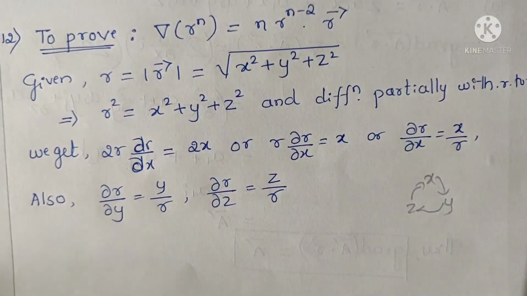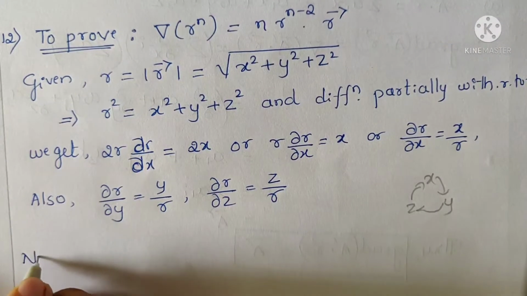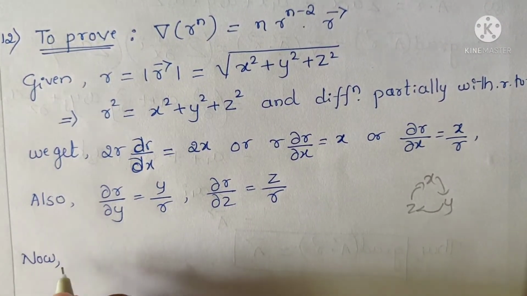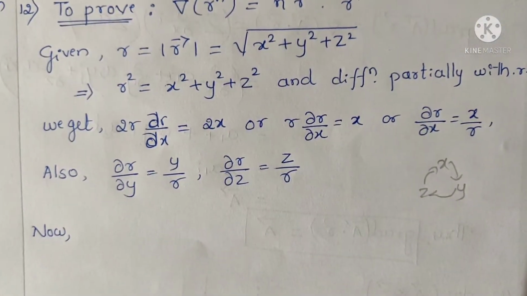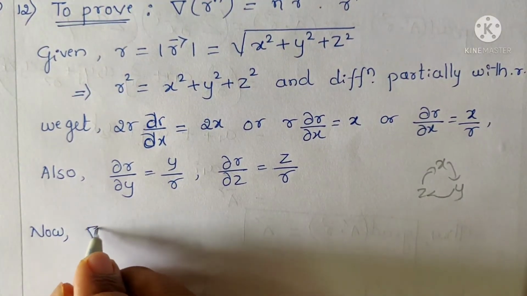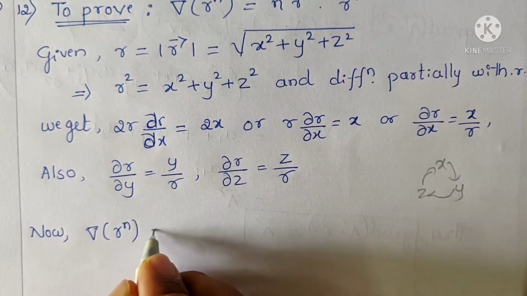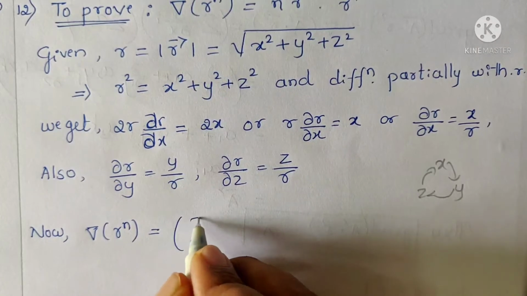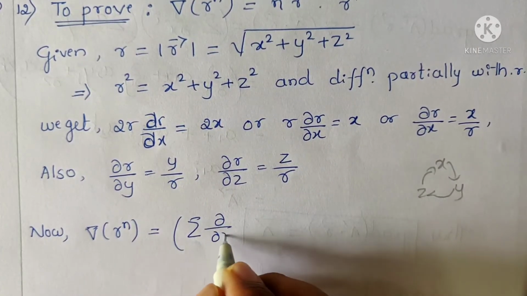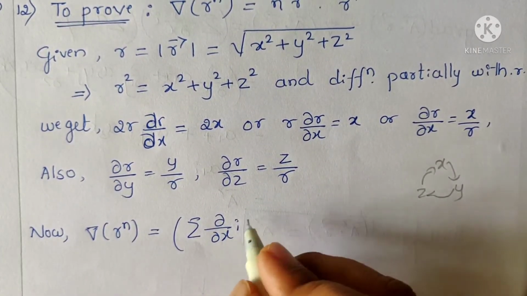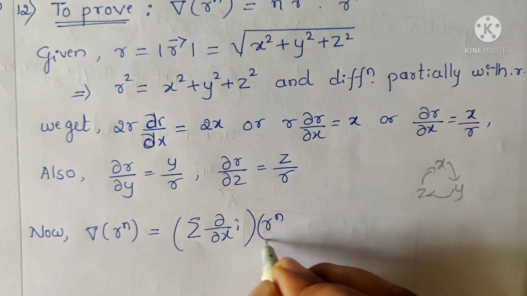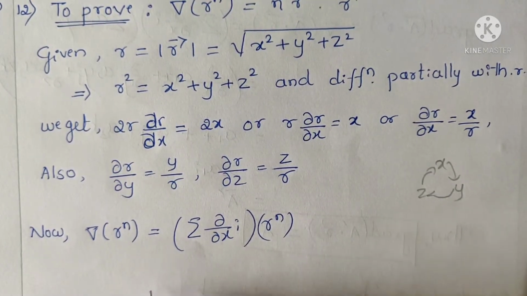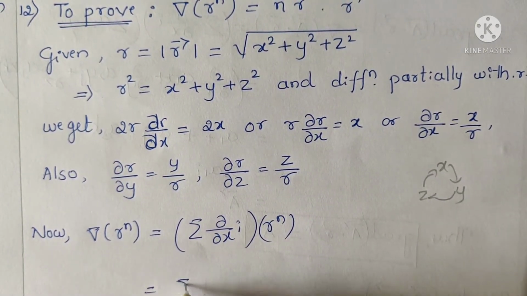So now this del of r raised to n is equal to, del is summation of dou by dou x into i into r raised to n, then summation of dou by dou x of r raised to n now.